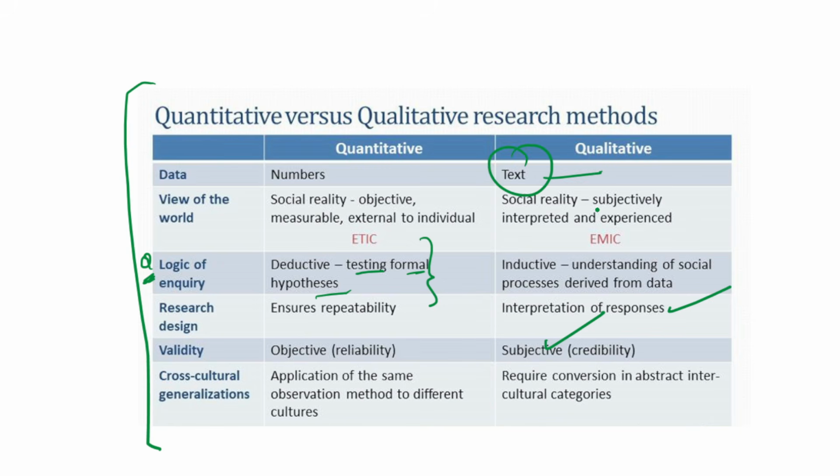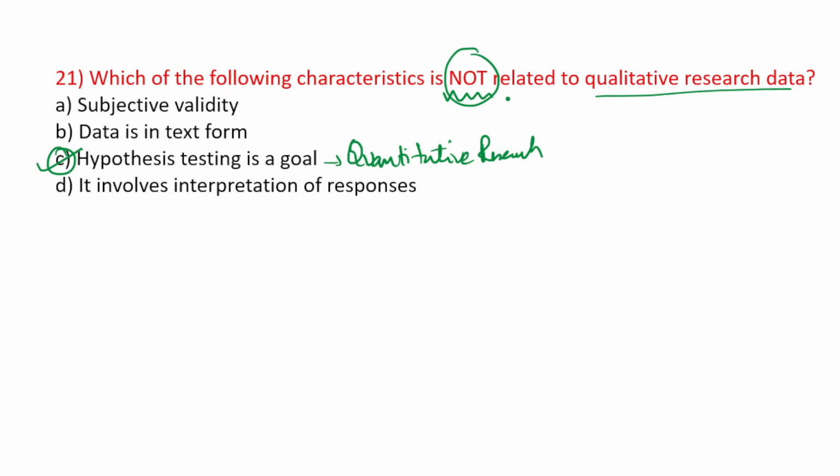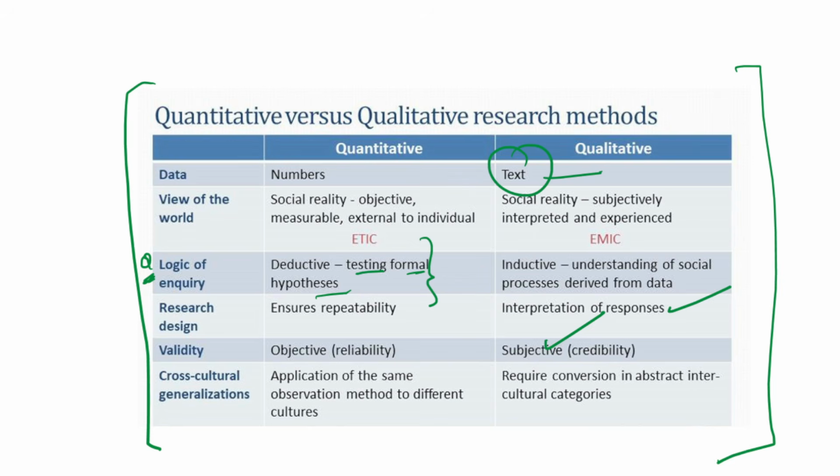It is also a part of the qualitative research method. I request all the students to become well versed with these differences between quantitative and qualitative research methods, and you have seen how the questions have been framed. This is one type of a question. Please remember this question, this answer, and also this chart.